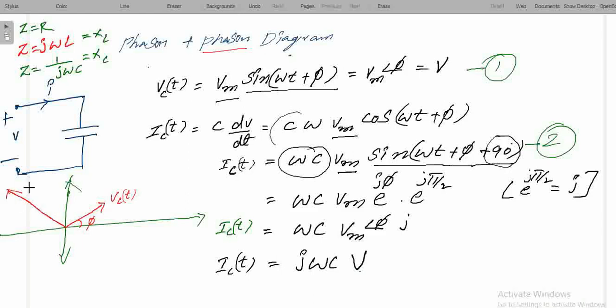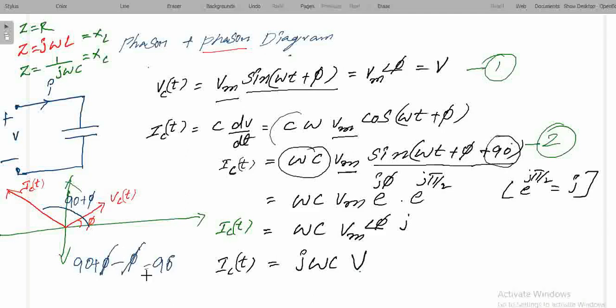This is your Ic of t, which is making an angle of 90 plus phi. So what will be the phase difference? 90 plus phi minus phi, phi gets cancelled. This is equal to 90 degrees.